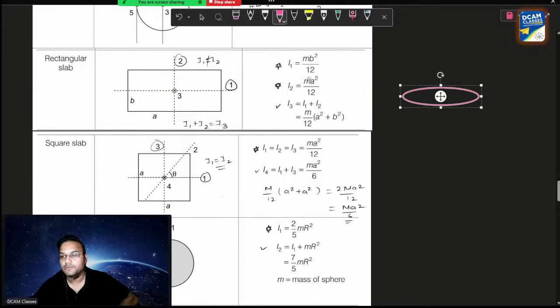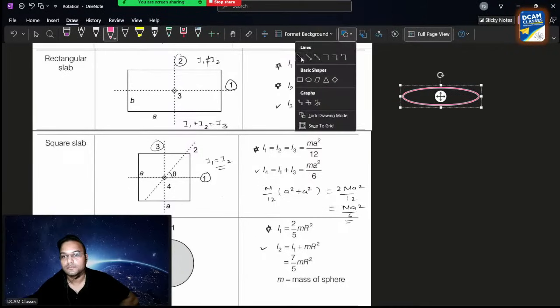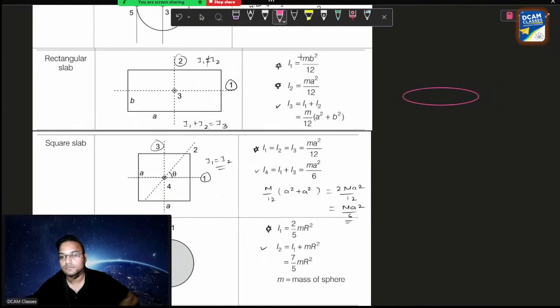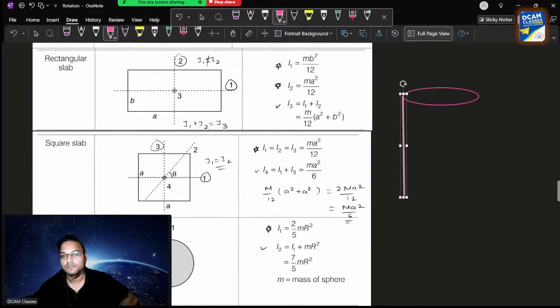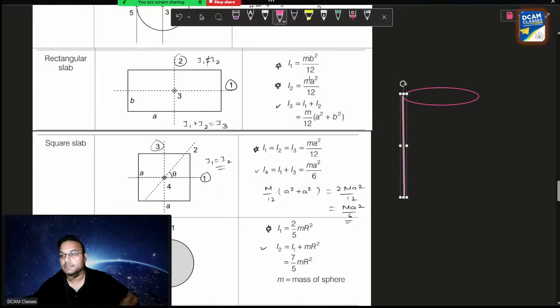If this kind of cylinder is there, remember it's the solid one, not the hollow cylinder. For a solid cylinder, it is m r square by 2.